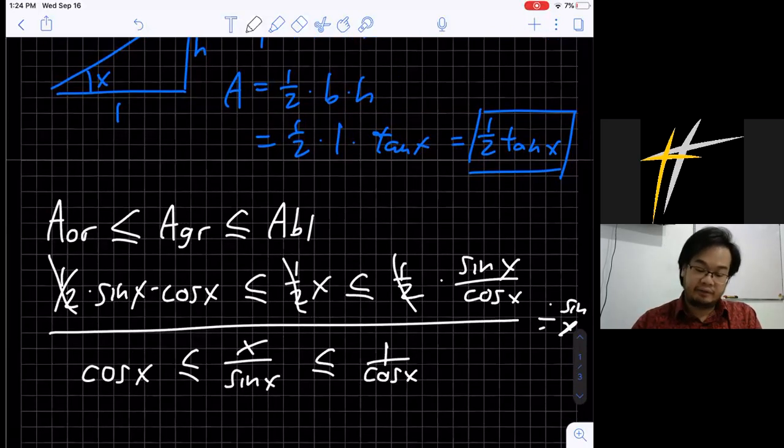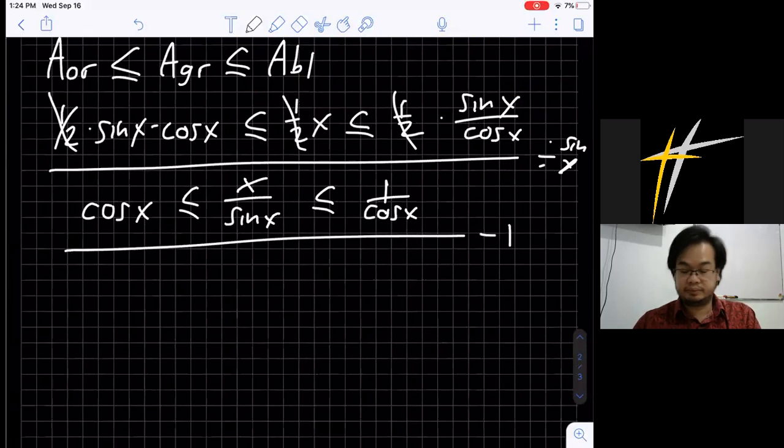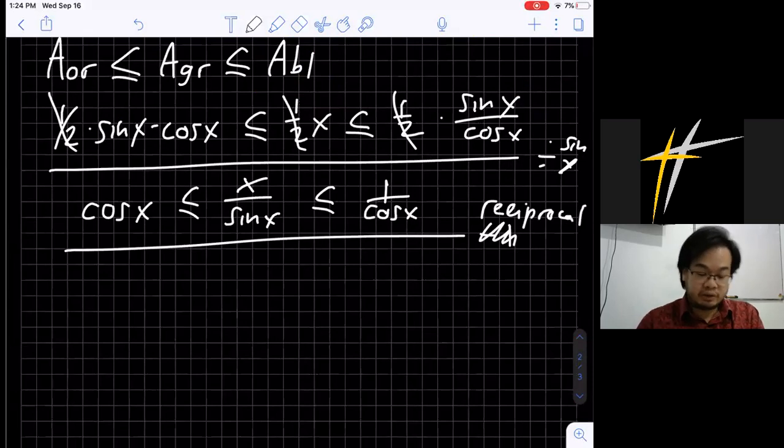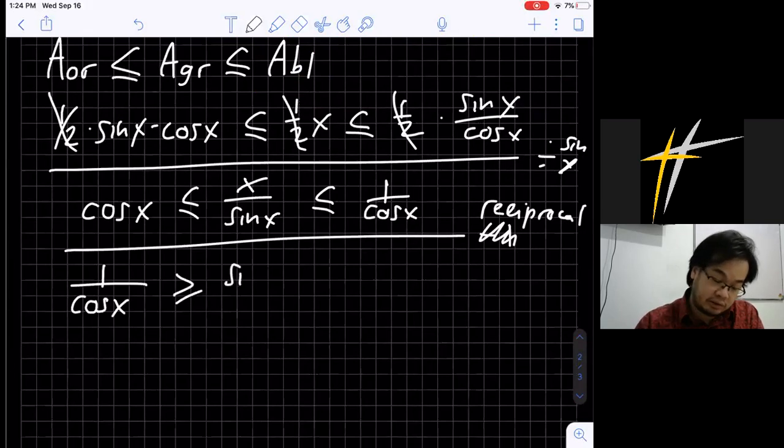And then if I take the reciprocal of all sides, then of course the result will be 1 over cosine x, the direction will change, sine x over x, cosine x.